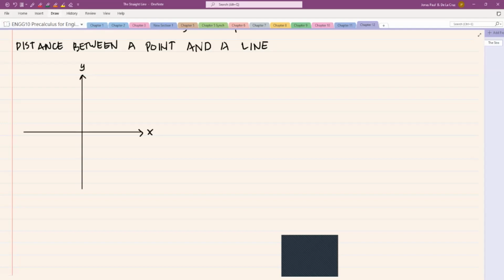Okay? So distance between a point and a line. Okay, so we have the x and y. And then let us draw a line.